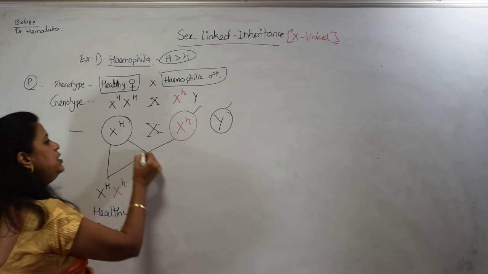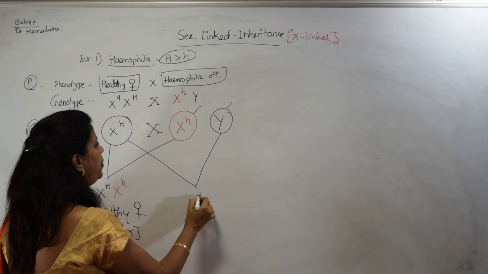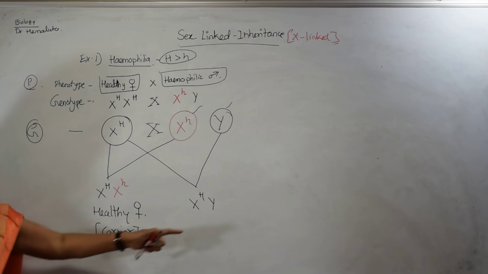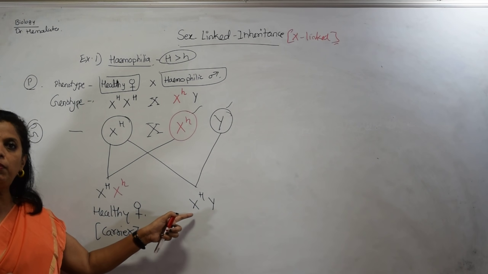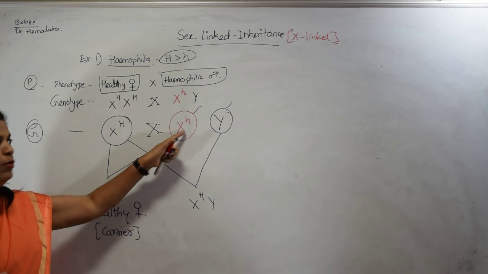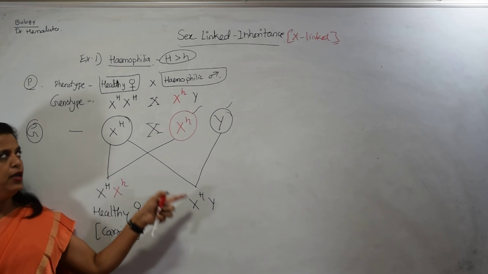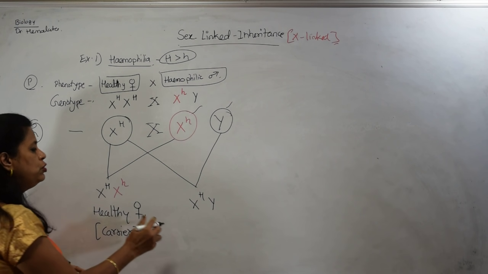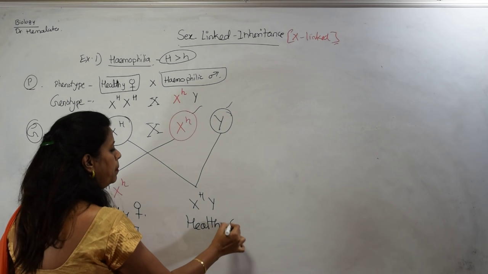Now, the second fertilization: X capital H and Y. This is the male, right? The Y chromosome has come, this is a male, but he has capital H from the mother. Although the father had the hemophilic gene, he did not get the X chromosome from the father, he got the X chromosome from the mother. Therefore, he looks normal, he is a healthy male.